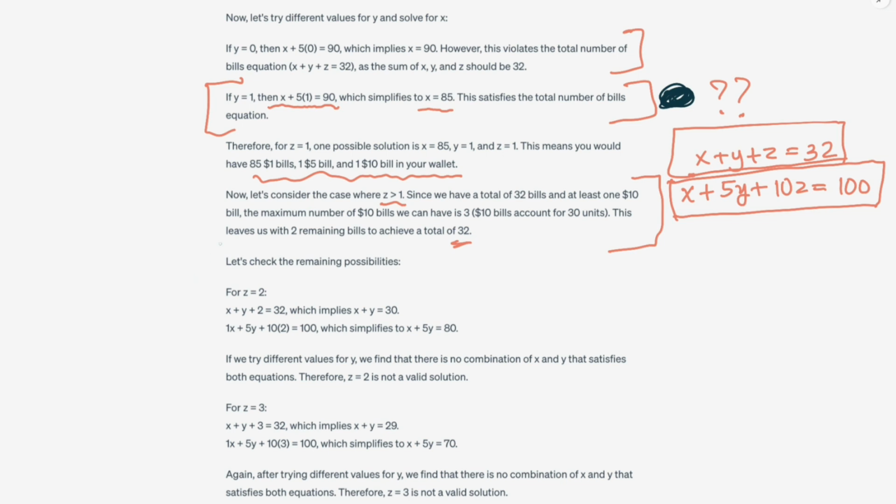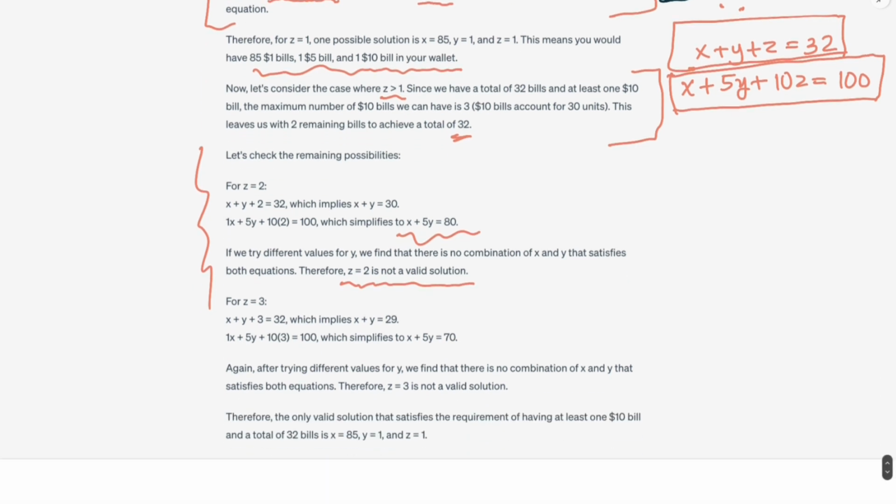It says, let's check the remaining possibilities for z equals 2. We have x plus y plus 2 equals 32, which implies x plus y is 30. And then he goes on, which simplifies to that. It says, if we try different values for y, we find that there is no combination of x and y that satisfies both equations. Therefore, z equals 2 is not a valid solution.